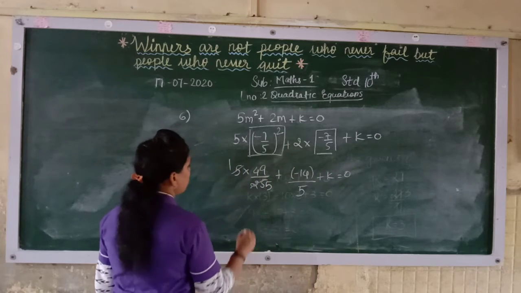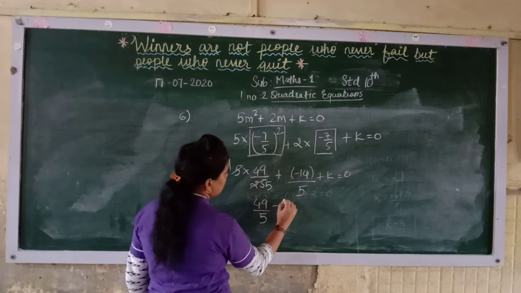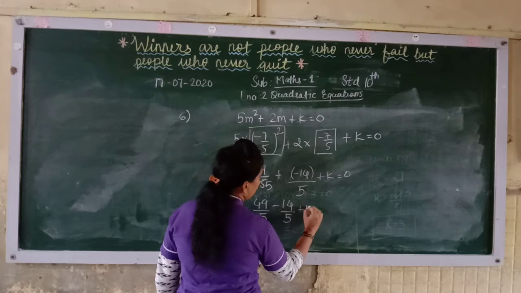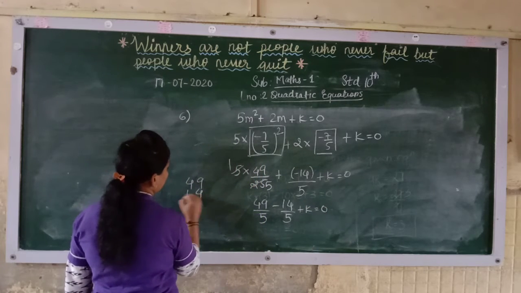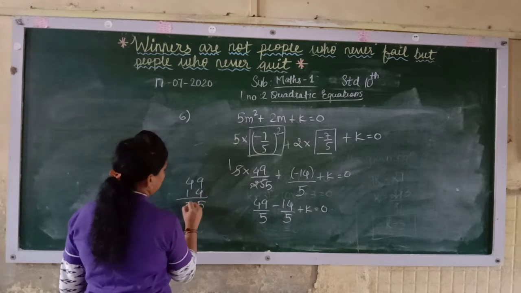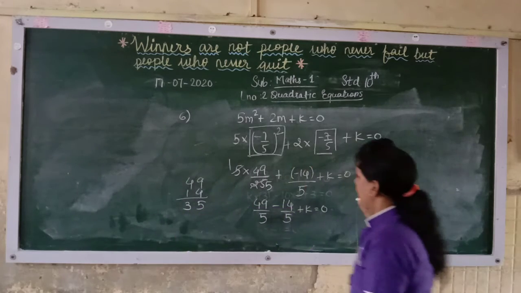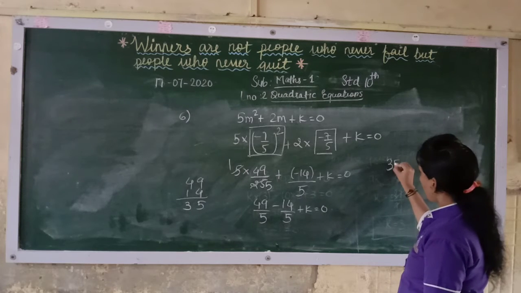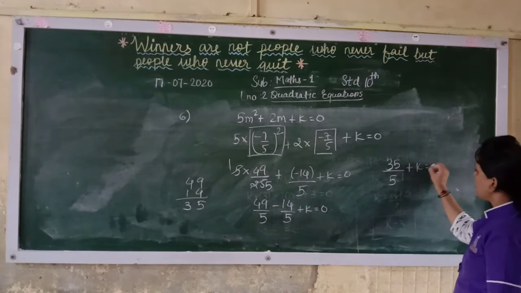So here how much are you getting? 49 upon 5 plus into minus is minus 14 by 5 plus k equal to 0. Now if you see here, as the denominator is common, you will get 35 upon 5 plus k is equal to 0.